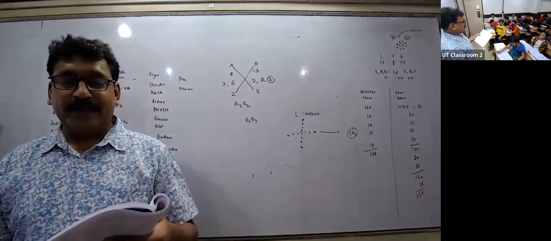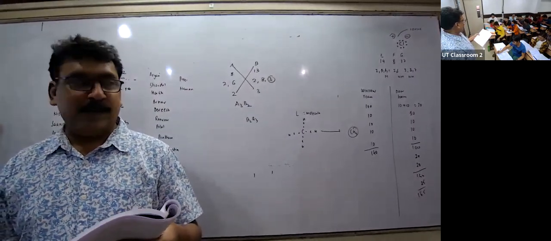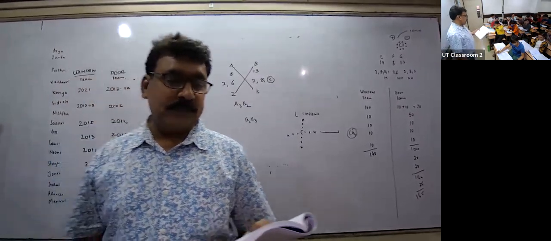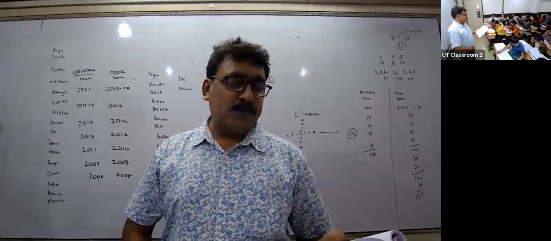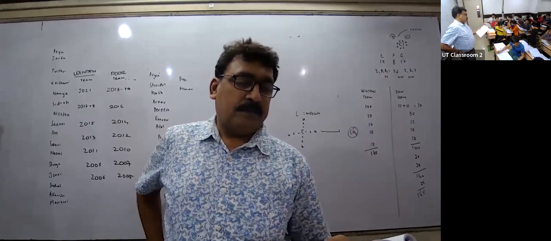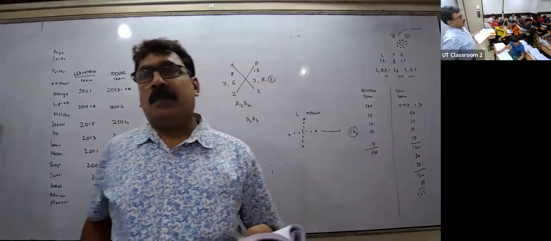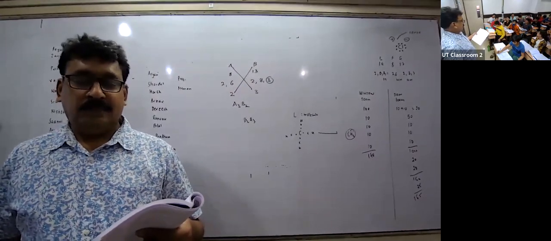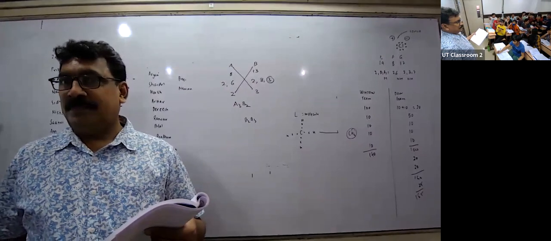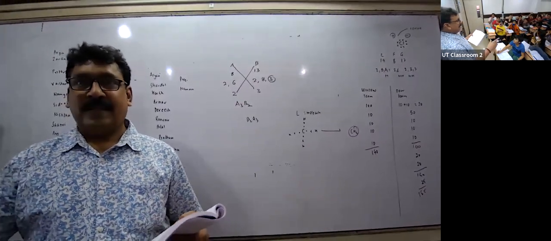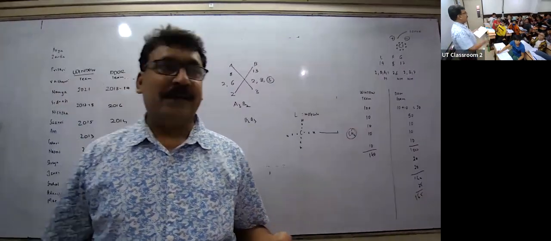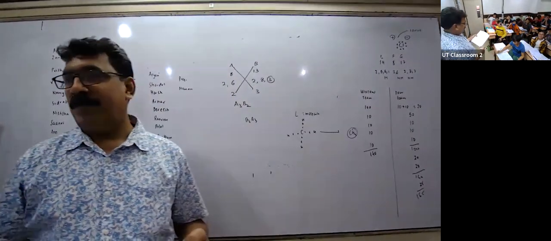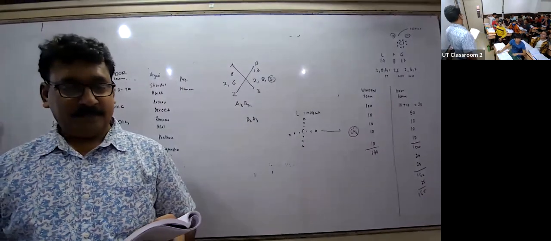Which of the following is not a common characteristic of electrovalent compound? High melting point, conducts electricity when molten, consists of oppositely charged ions, ionized when dissolved in water. No. Yes.